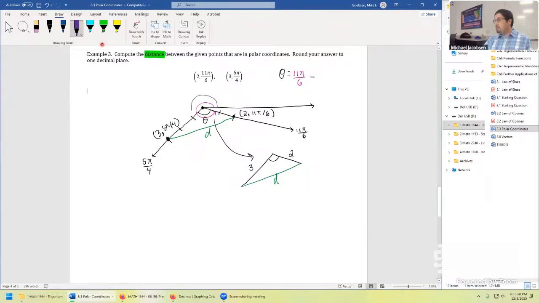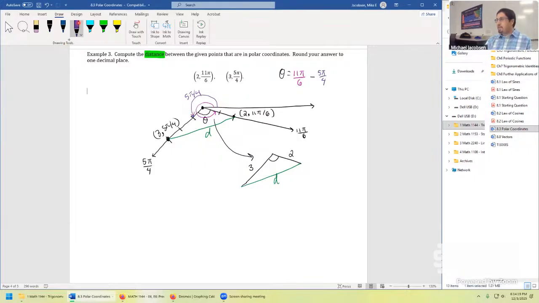This rotation, here to here, is 5 pi over 4. But that's an excess rotation we didn't need. Theta is just going to be this tiny band. So it's as if we rotate the whole 11 pi over 6 part, but then to get the angle theta, we subtract the 5 pi over 4 part that theta has nothing to do with. It's the internal angle there. So subtract 5 pi over 4 next. And that's going to give us our angle theta.